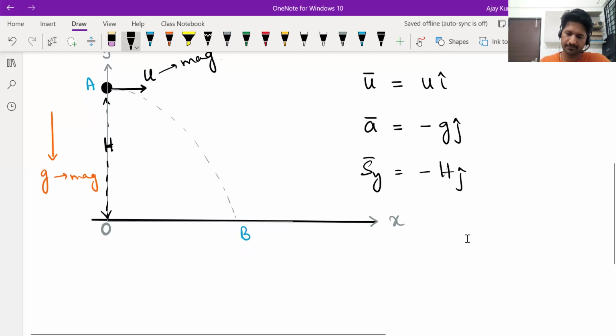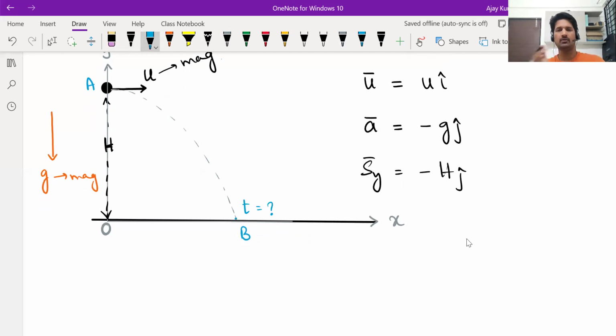One of you tell me how to calculate the time taken to get here, time taken to go from A to B. You observe what is known, and what you need to calculate is time. You tell me which is the equation to use.